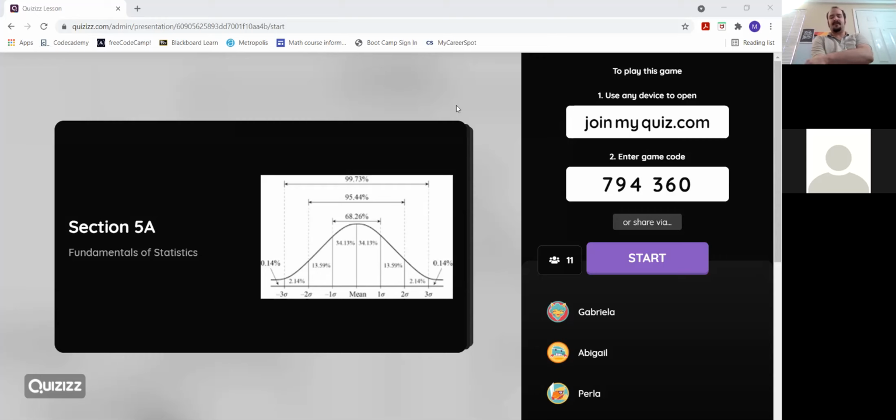In 5A, we're going to introduce statistics. So 5A, I guess we're going to go over that today. But 5B, we're going to basically scrutinize statistical studies.